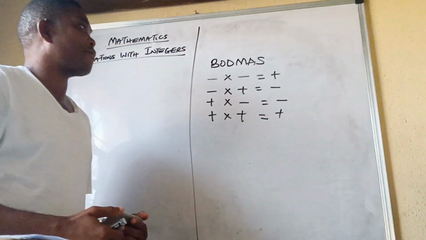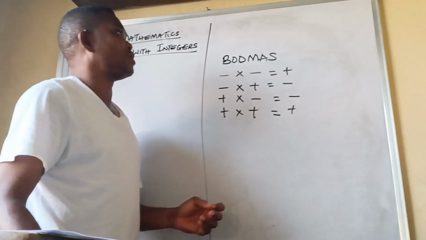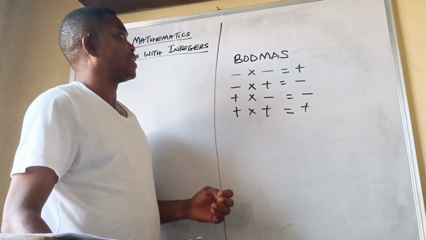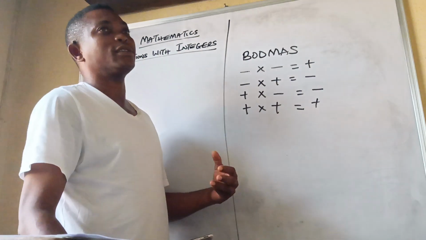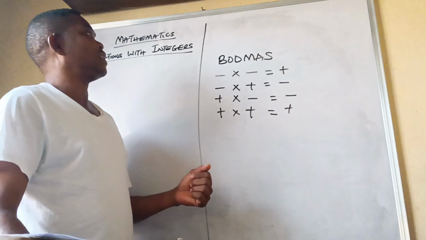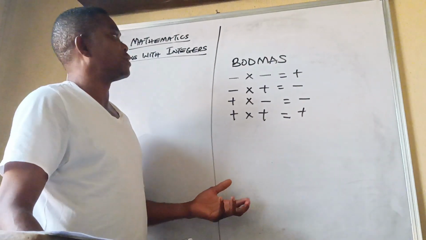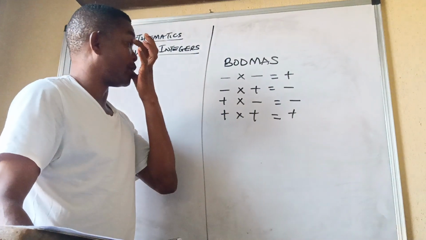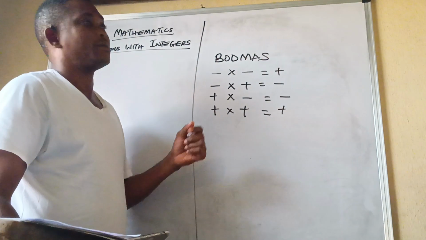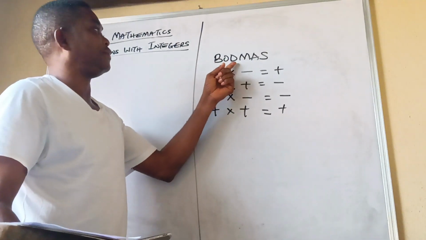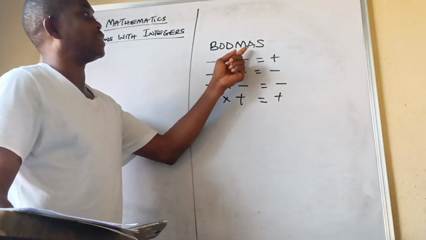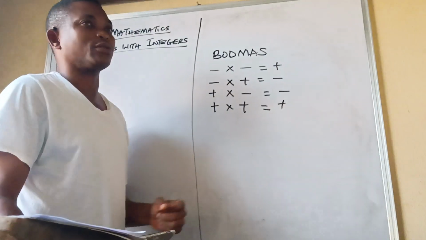So if you are to make reference to our previous classes, you discover that while we're discussing fractions, types of fractions, we make best use of BODMAS, bracket of division, multiplication, addition, and subtraction.